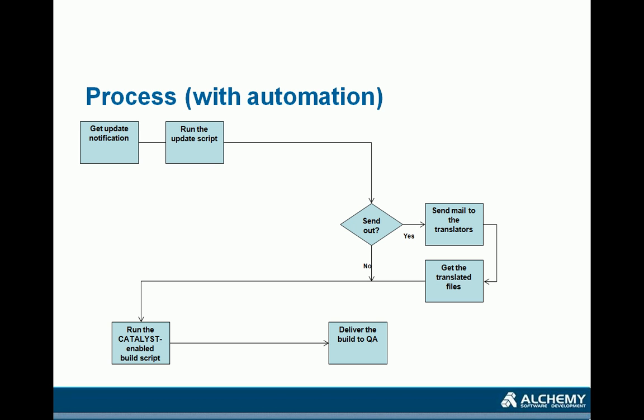To do that, it will simply go into a source control repository, get the latest version of a specific TTK, and use it as a translation memory to create that translated version of the file. Essentially, the script will then be able to deliver the build to the QA team.